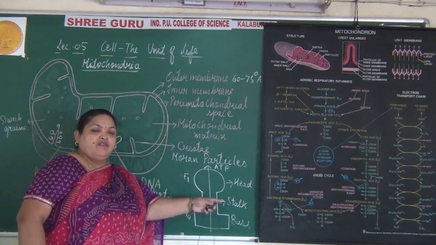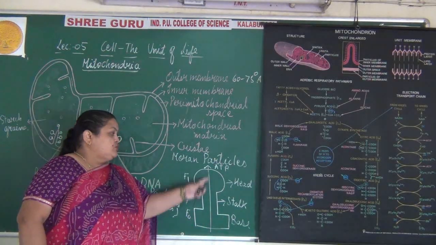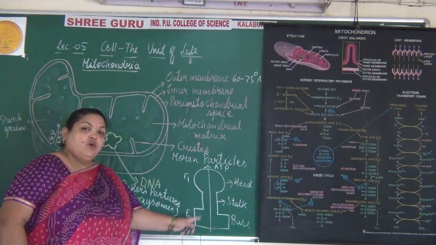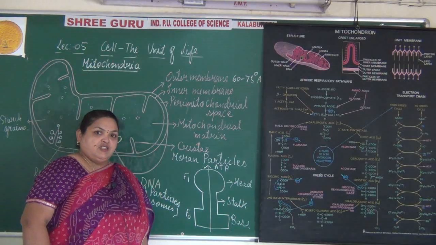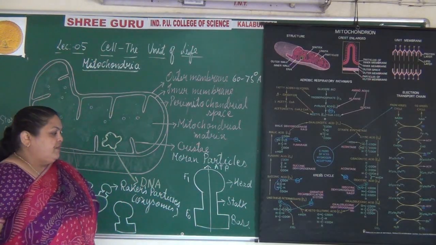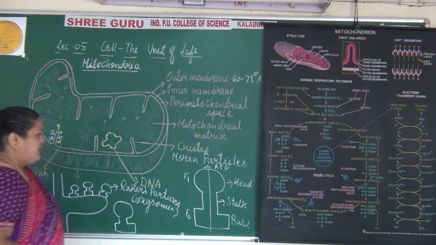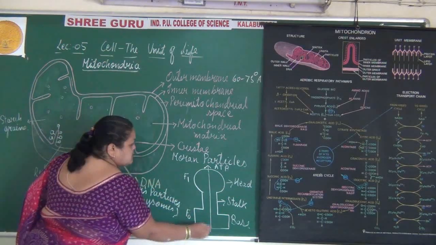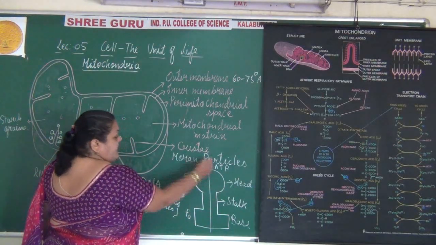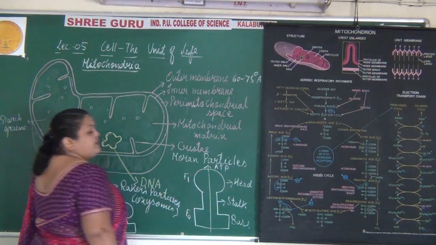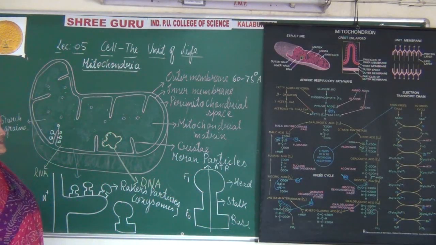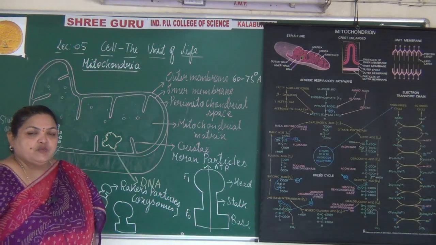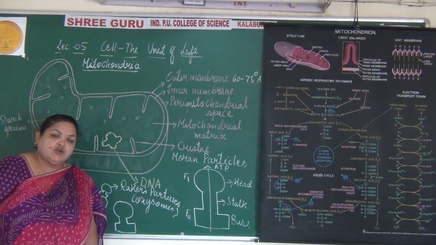In future classes, when we deal with respiration, you will learn how ATP synthesis occurs. In short, when protons pass through the oxysomes, they help in the formation of ATP, adenosine triphosphate, which is considered the energy currency of the cell.